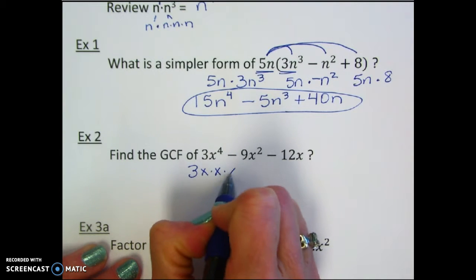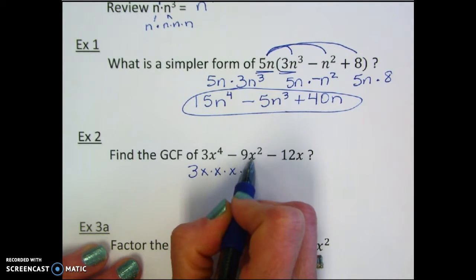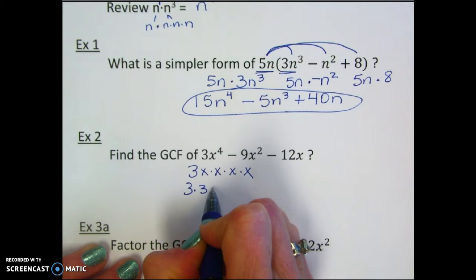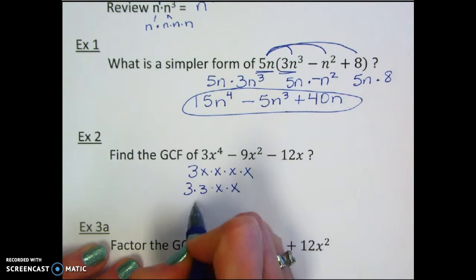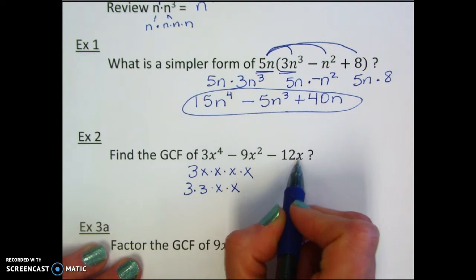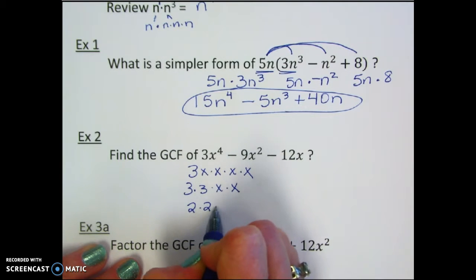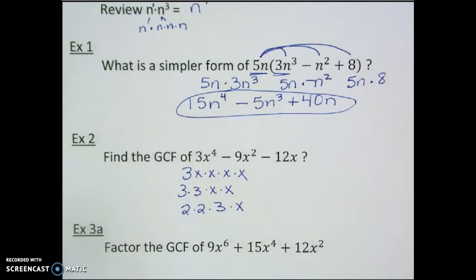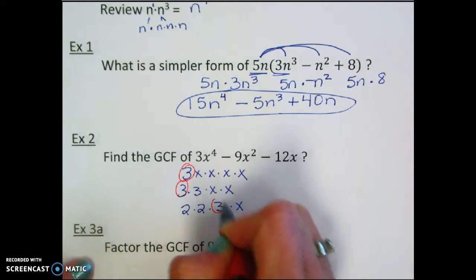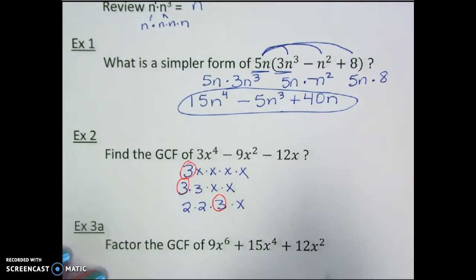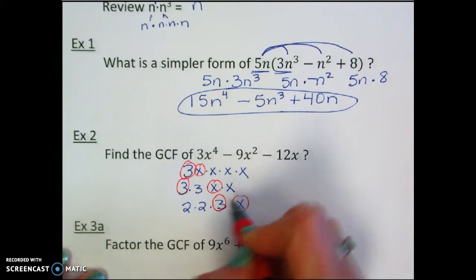3x to the fourth. This is 3 times 3, and then 2 x's. And then this is 4 times 3, which also breaks down to 2 times 2 times 3, and an x. So we are looking for what they all have in common. They all have a 3. They also all have an x.